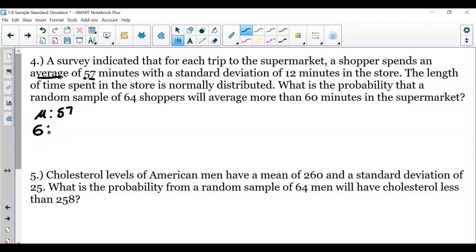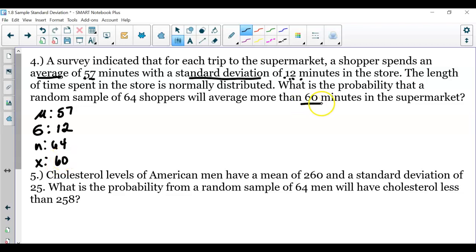So what's the standard deviation? 12 minutes. Then here, the length of the time is normally distributed. Our random sample of 64. So what does that 64 represent? If that's the sample size, your n. So 64.